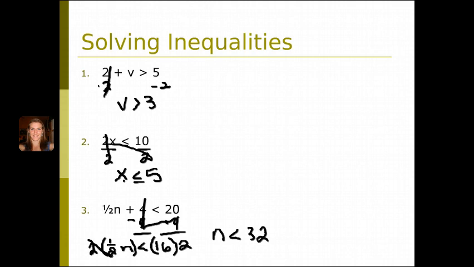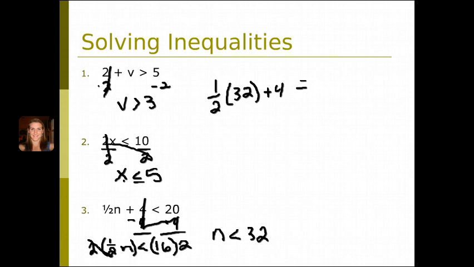Again, your check work is exactly the same with solving inequalities. You want to make sure both sides are equal. So let's practice that. I'm going to use our third example, and I'm going to use this clear space up at the top. 1/2 times 32 plus 4, and we are going to see if it equals 20.